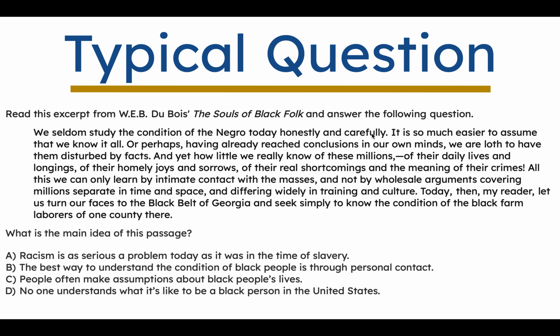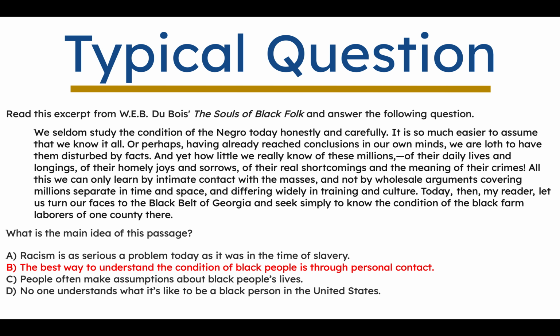If it were more about assumptions, it wouldn't just show up at the beginning of the paragraph. It would support that idea throughout, and it's not. So the best answer here is B. All right, that is a typical question. Hopefully this was helpful in getting you familiarized with what you're going to face when you take the RLA test, the Reasoning Through Language Arts test. Good luck, everyone.